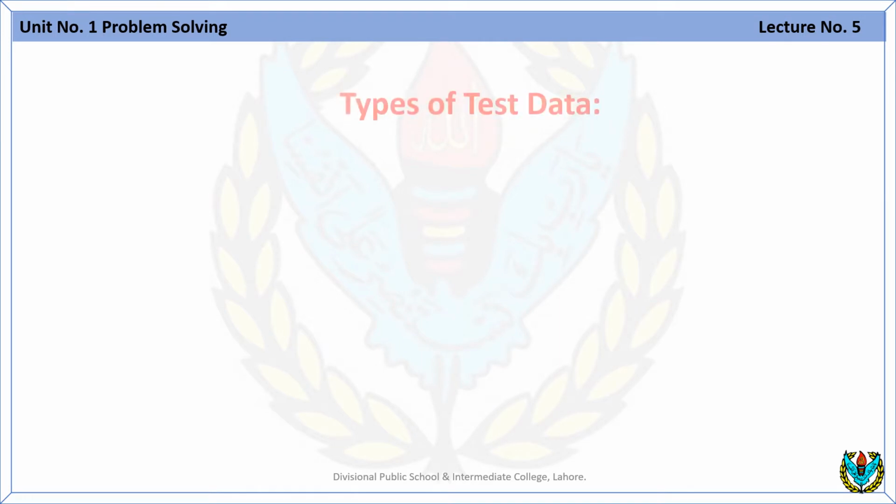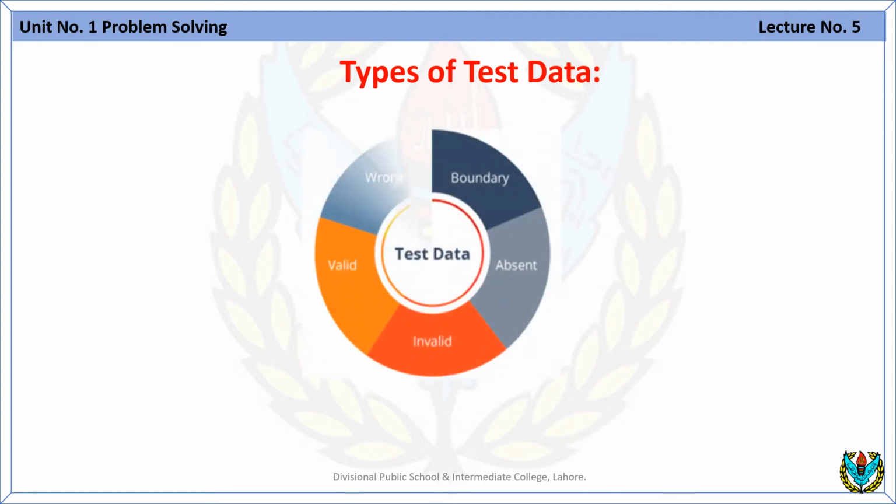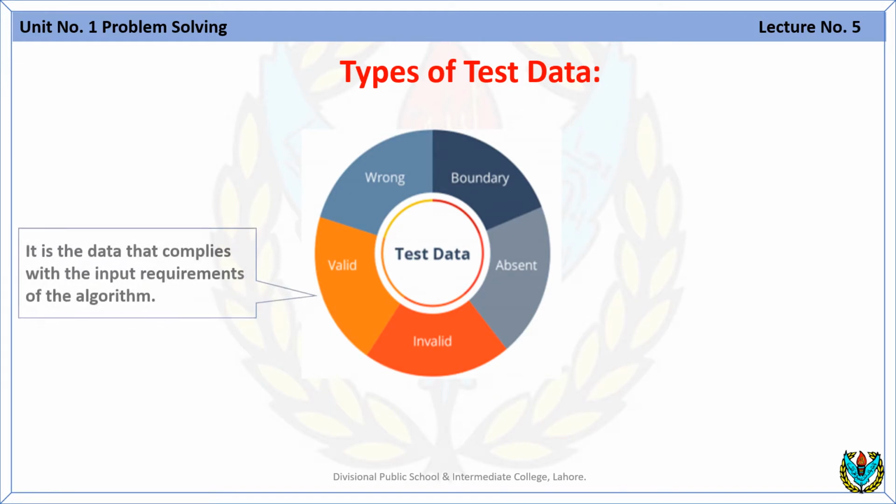Types of test data. Before performing a test, you need to decide what data you are going to include in your test case. It is not normally possible to perform tests with every single possible piece of data. So the developers will choose from a limited range of test data, such as valid test data.